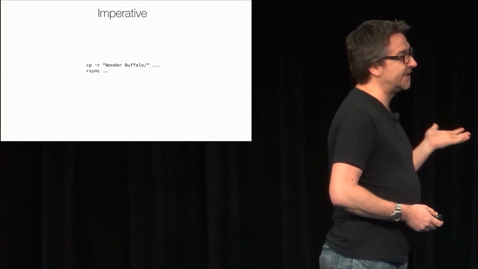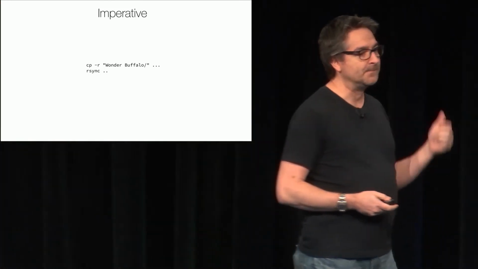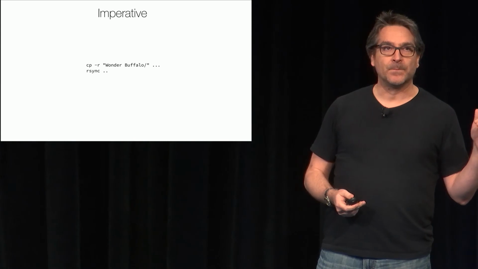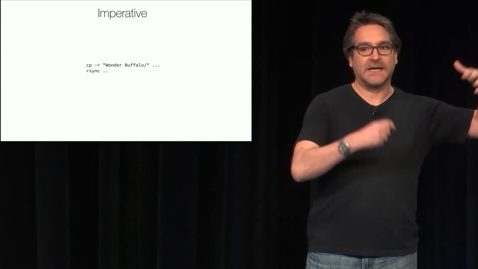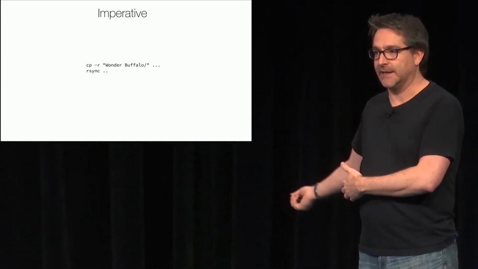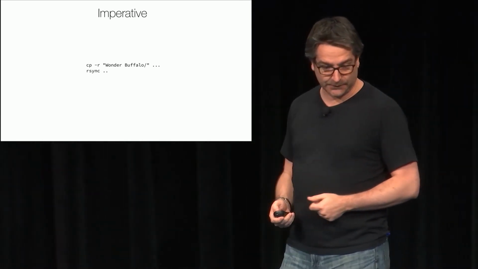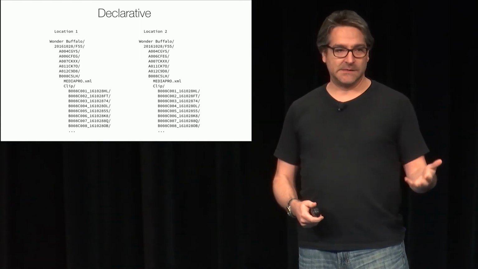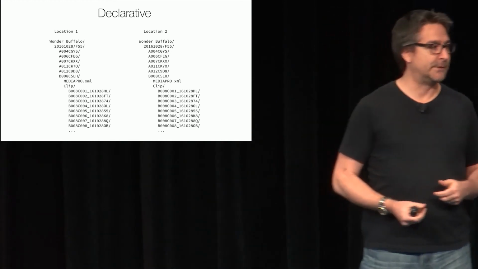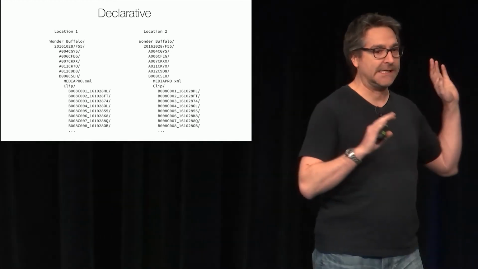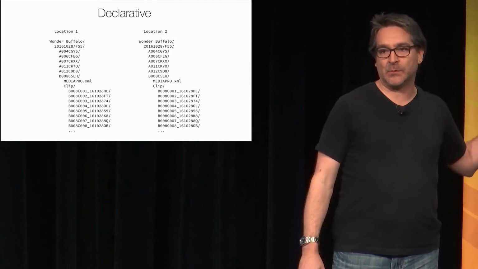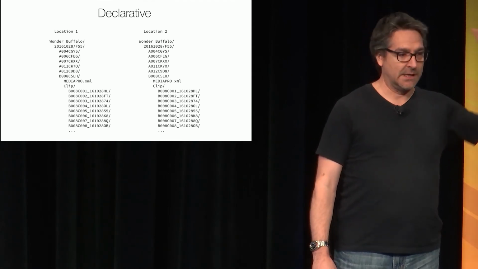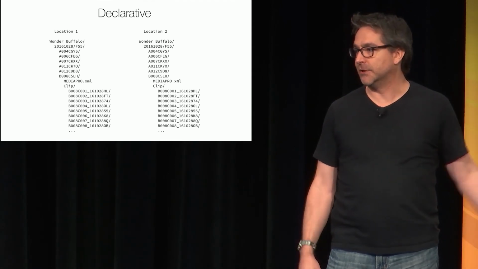And even though rsync does do a very efficient job, it will still have to catch up to where it was, recheck all of its previous work and progress and so forth. But a declarative way of working, it turns out, looks a little bit more verbose, because what you're doing is actually declaring: these are the things I want in location 1, these are the things I want in location 2. You just state them literally.